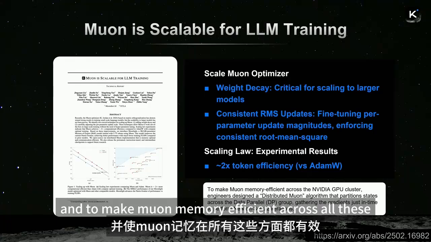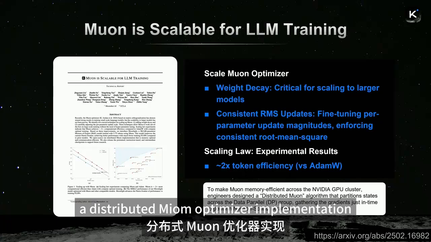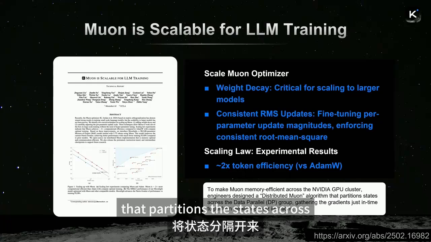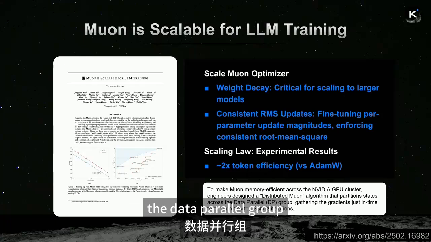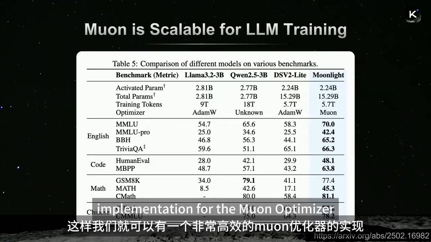To make Muon memory efficient across all these NVIDIA GPU clusters, we also developed a distributed Muon optimizer implementation that partitions the states across the data parallel group, so that we have a very efficient implementation for the Muon optimizer.